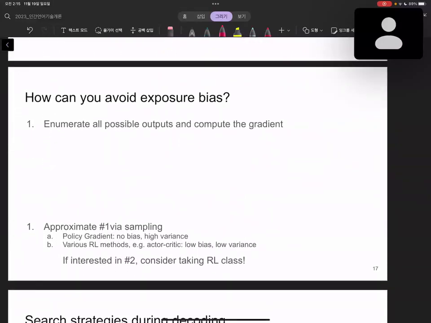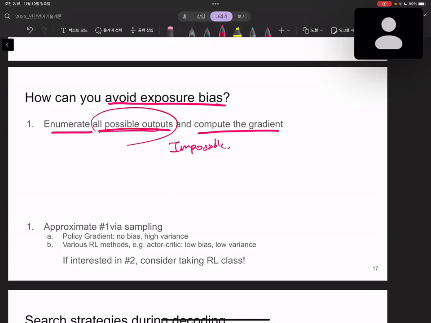So there are two approaches for avoiding exposure bias. The first thing is enumerate all possible outputs and compute the gradient. But this is impossible because we cannot enumerate all possible outputs.